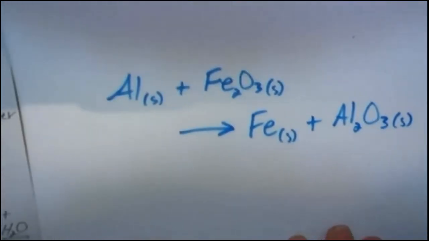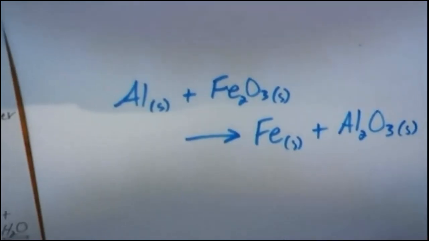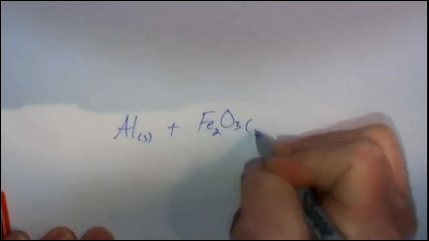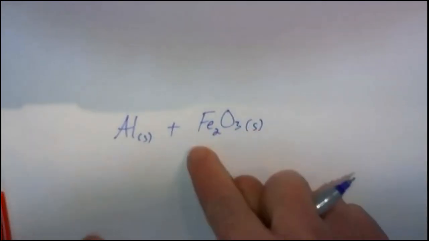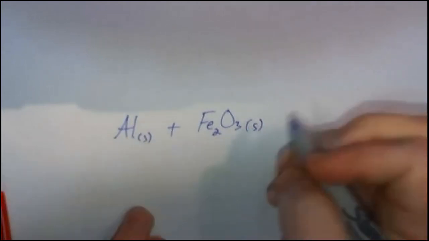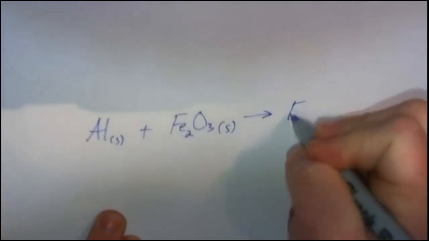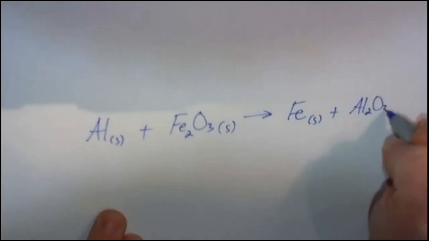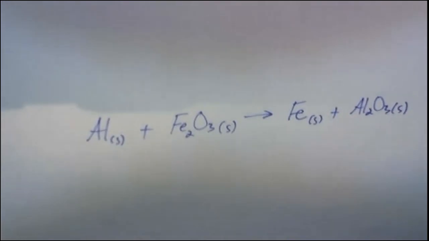Okay, so what I'm showing you, you know what, I should write it this way. That's very silly of me. Let me just jot it down real quick again. So solid iron(III) oxide reacting with aluminum powder, and they made these products.